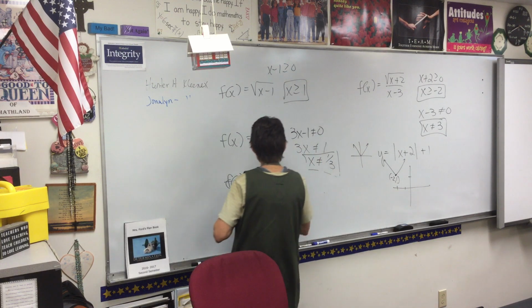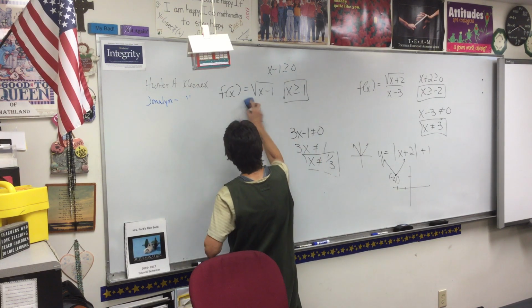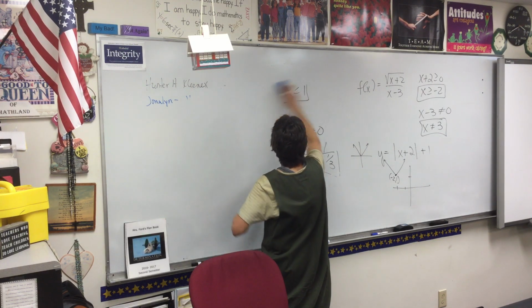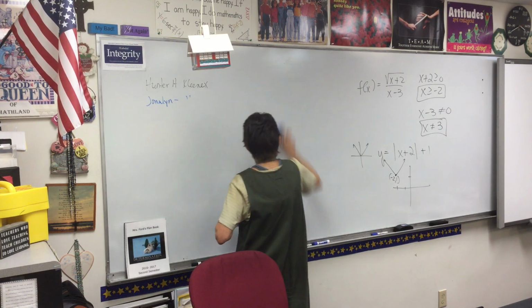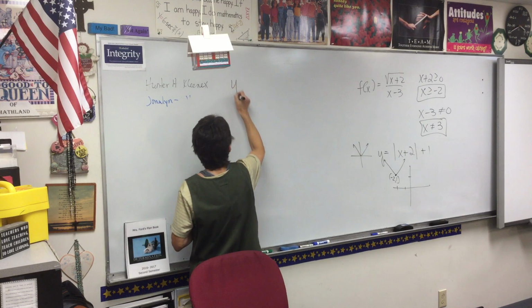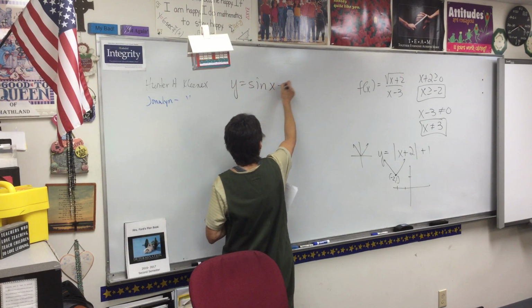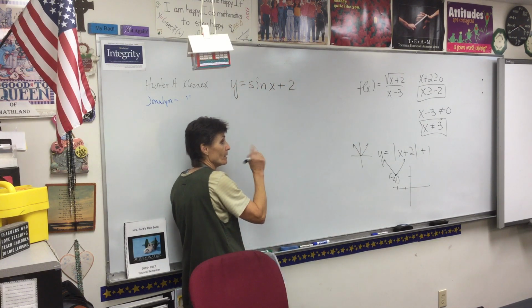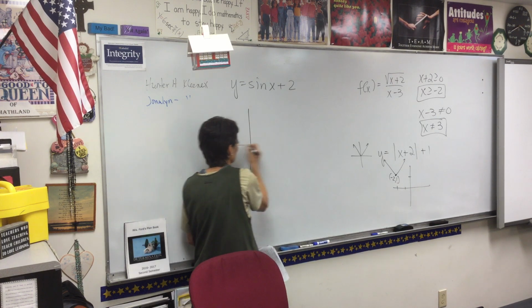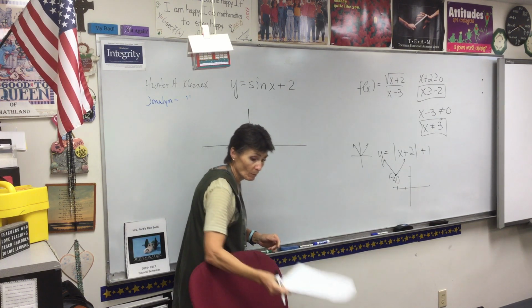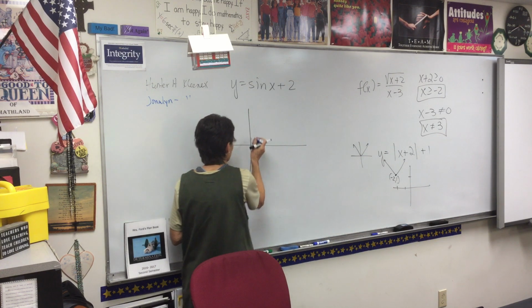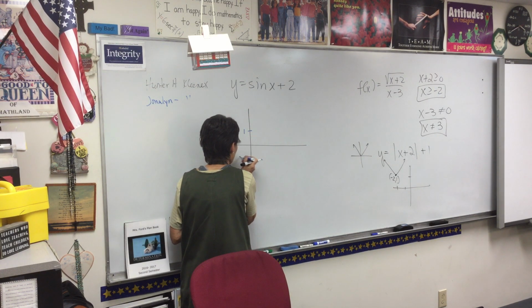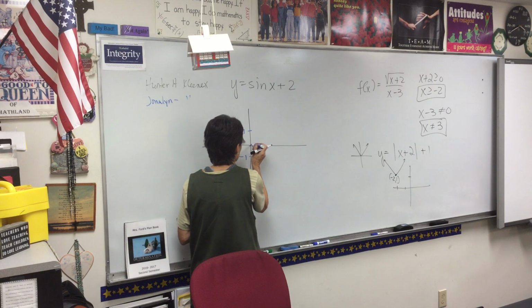Now we had one of these on the other test. This is probably the trickiest question on the whole test. This is a sine function. It's not hard, but you have to remember that the normal sine, I'm going to graph it in blue, goes up and down 1.